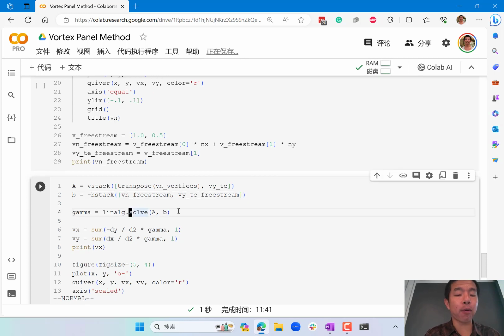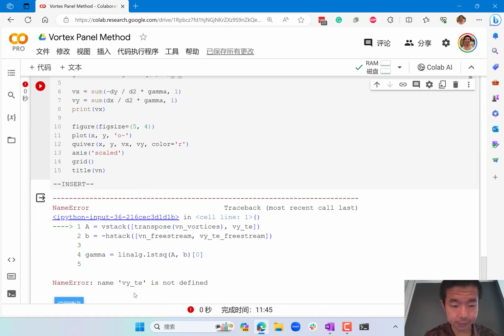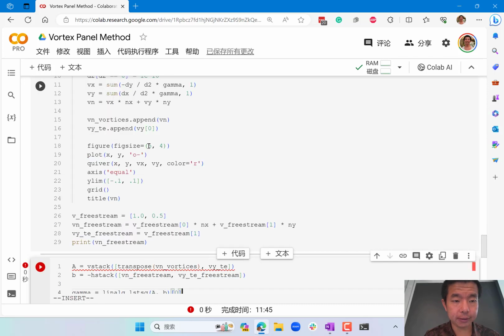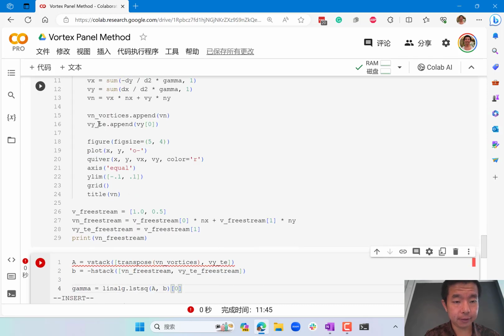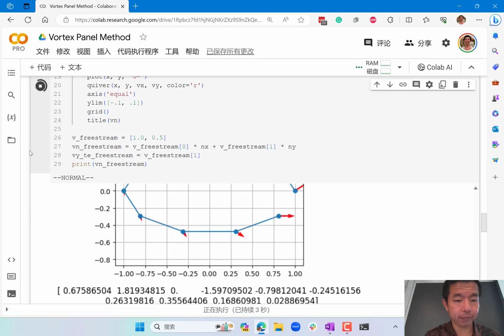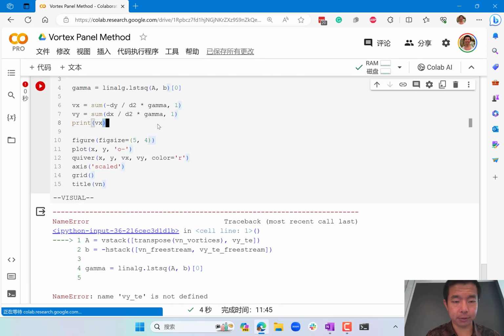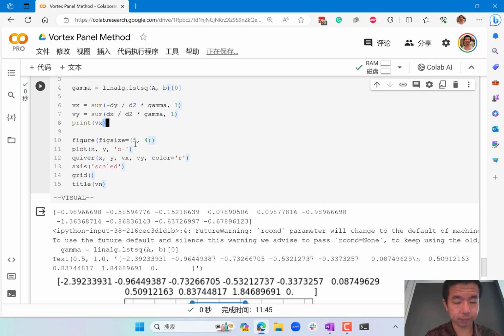Now we have more equations than unknowns, so instead of solve, we have to perform a least squares calculation, and we'll take the solution as the 0th component. Now something's wrong, Vyte is not defined. Did I run this one? Okay, I didn't run this one. Now I should be able to run this calculation.